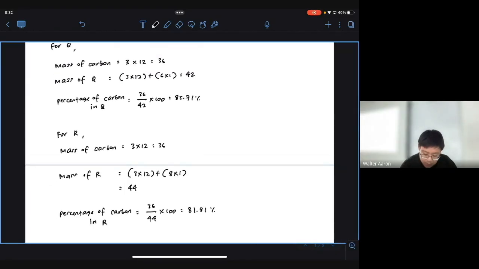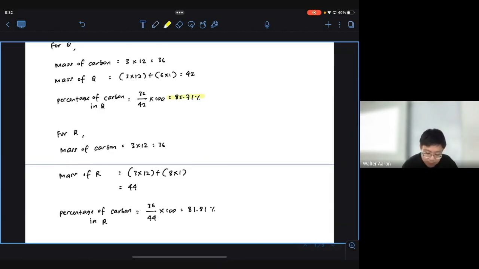Okay, so again, using the same comparison, you can see that in Q, there's a higher percentage of carbon atom per molecule compared to R itself. One is 85.7%, and then one is 81.81%.